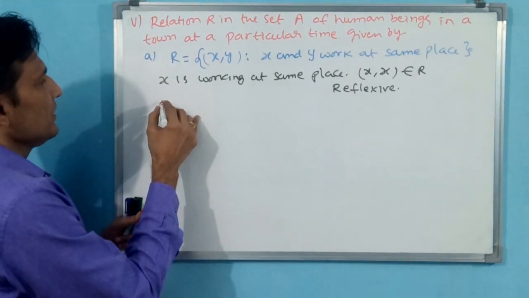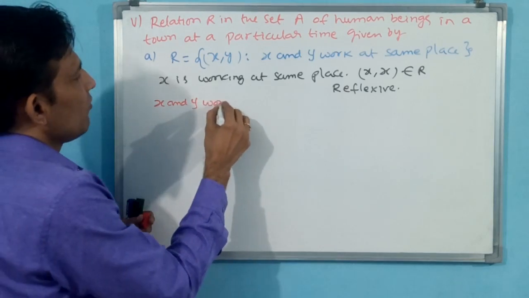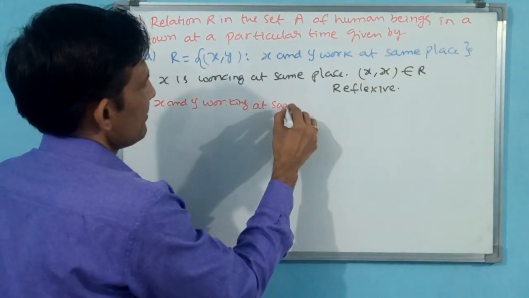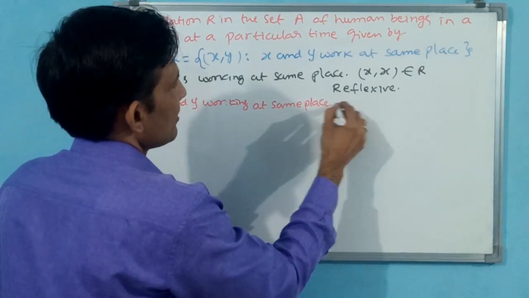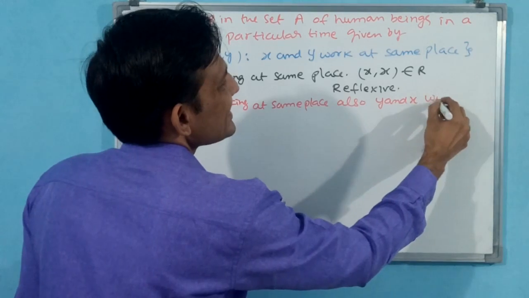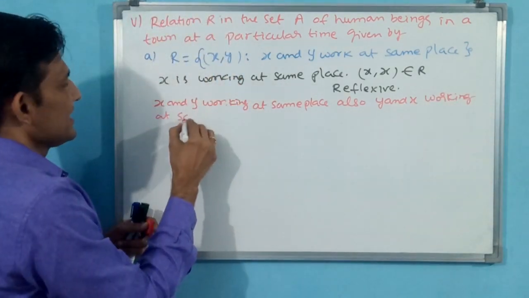I write like this, you see. X and Y working at the same place. Also, Y and X working at the same place.